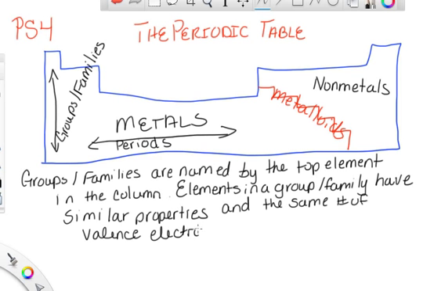If you remember, we find the valence electrons by what column they're in. So everything in this column has 1 valence electron. This column has 2, 3, 4, 5, 6, 7, until you get all the way to the noble gases, which have 8 valence electrons. We skip the transition metals.